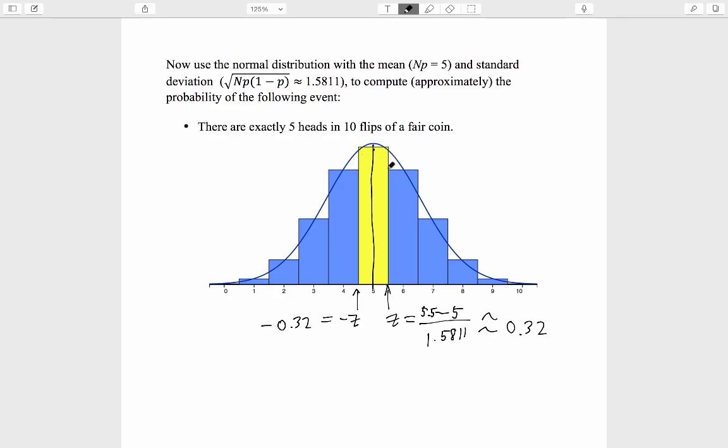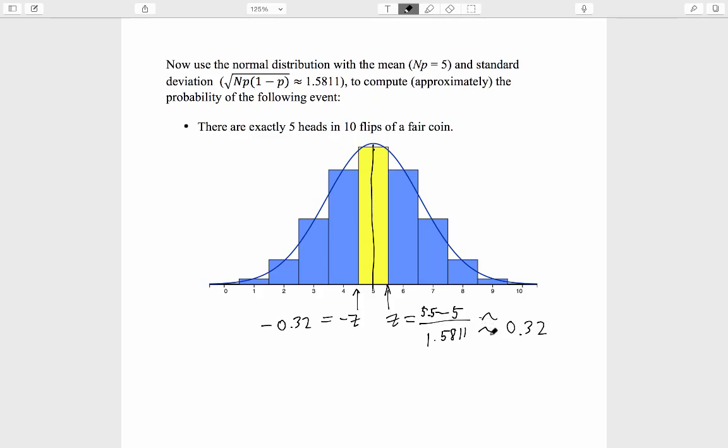In terms of the normal distribution, if we pretend that we're dealing with continuous data so that 5.5 actually makes sense, and 4.5 actually makes sense, this location at the tip of the other arrow is 4.5 along the horizontal axis. So from 4.5 to 5.5 is, in standard deviations, from negative 0.32 up to positive 0.32.